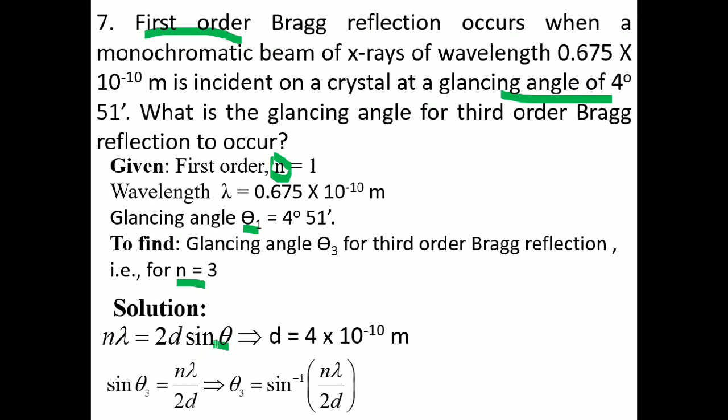So sin theta 3 is equal to n lambda by 2d. Here in this case, since it is the third order, n should be 3. So by substituting n equal to 3 here, the given lambda value, and d calculated from the first equation, you can get theta 3 to be 14 degree 39 minute 45 second. So these are a few problems.